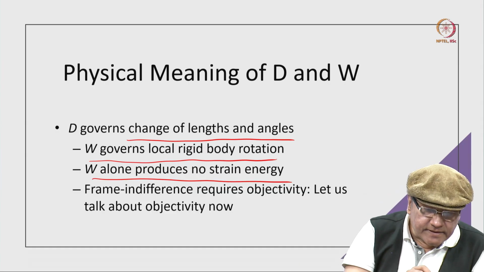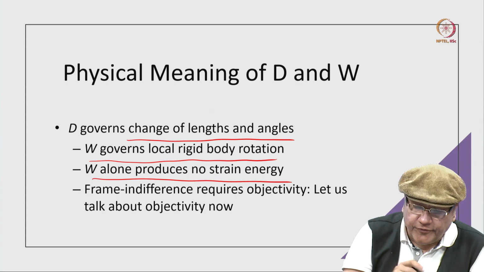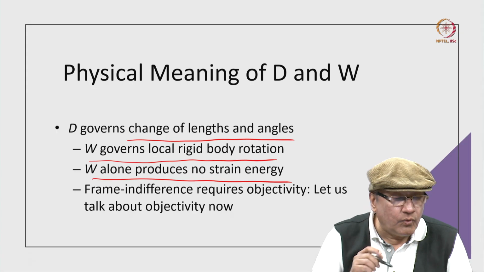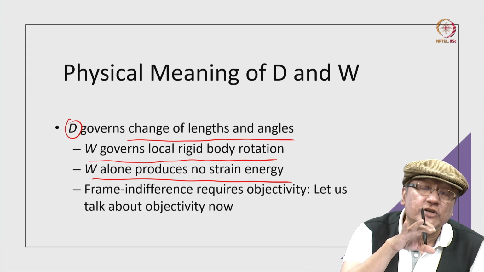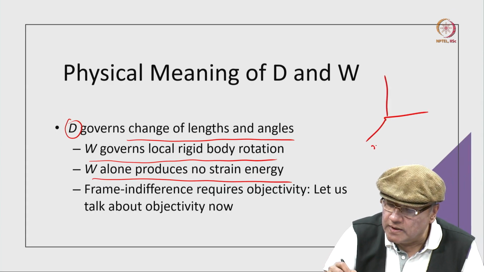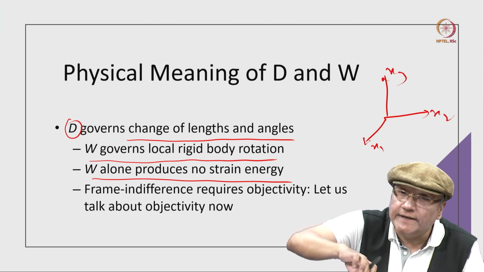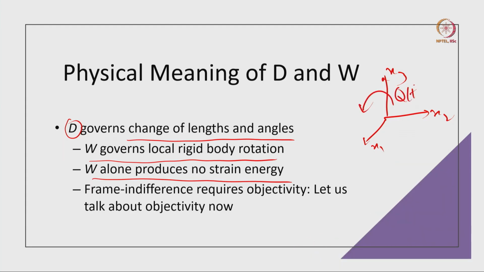it cannot produce any effect on strain, it cannot produce any change in strain rate, correct. And so, in future we will be requiring frame indifference. That means we have to understand what is the character of d vis-a-vis w. If I change the coordinate system, instead of this coordinate system x1, x2, x3, if I rotate the whole thing by some q as a function of time, not space, a rigid body rotation, then there will be a new coordinate system.